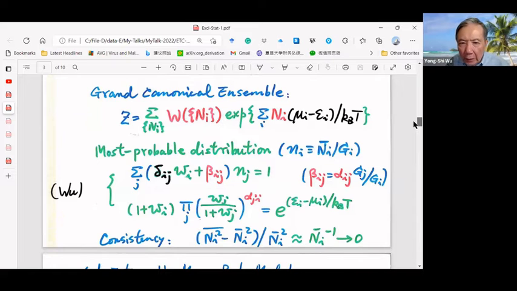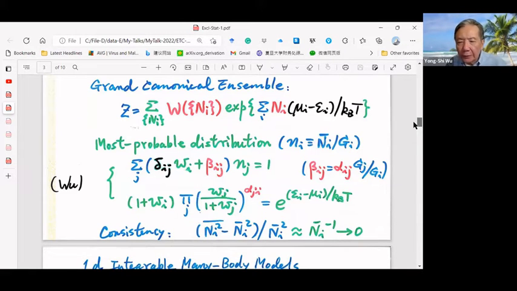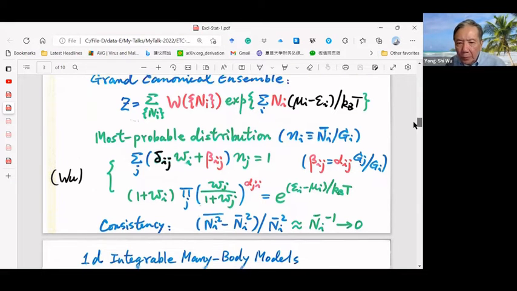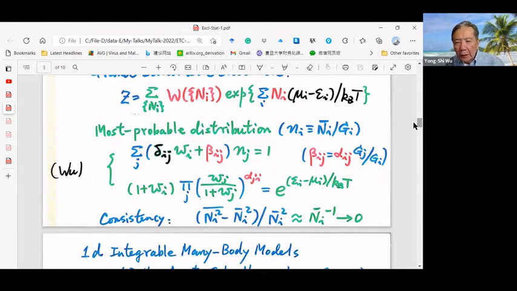So for the single particle cases for bosons and fermions, we will get the usual Bose-Einstein distribution and the Fermi-Dirac distribution. And the consistency check is that we use these distributions to compute the variance of the occupation numbers.